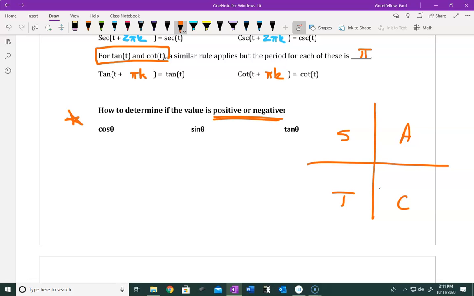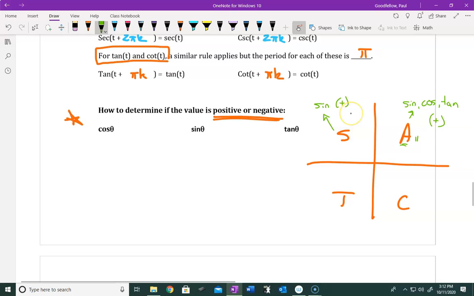Okay, now what it means is that the A stands for all. And what they're saying here is that in this quadrant, all of the trig functions, sine, cosine, and tangent, are all positive. And it makes sense that they should be. Their x's and their y's will all be positive combinations. Now, the only one positive in the second quadrant is sine.